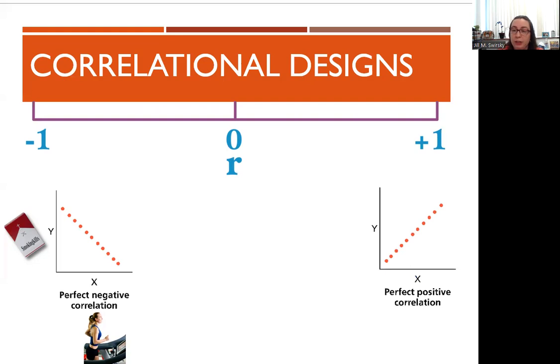In a positive correlation, as the value of one variable changes, the other one goes in the same direction. So as one variable increases, the other one's going to increase as well. As one variable decreases, the other one's going to decrease as well. Take the association between education and income.